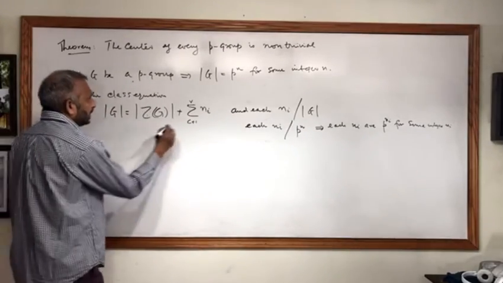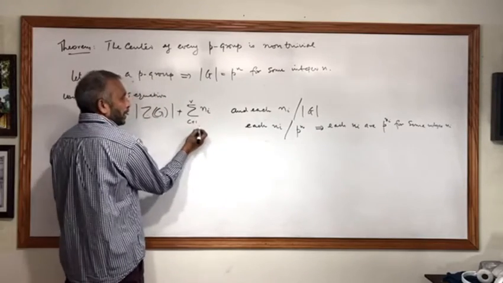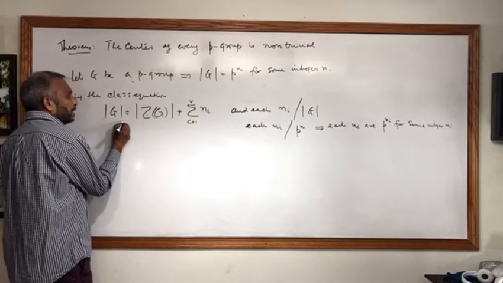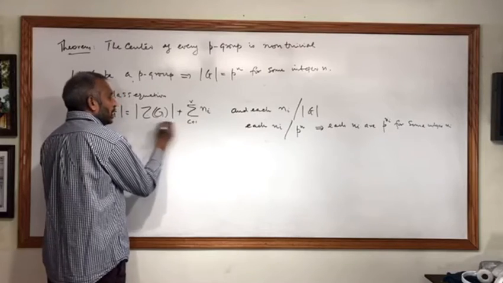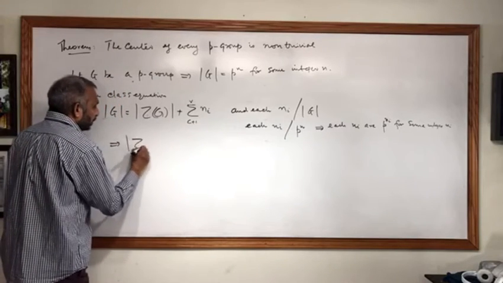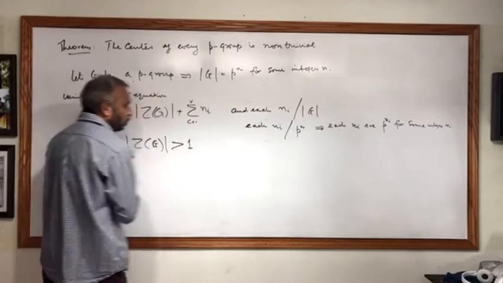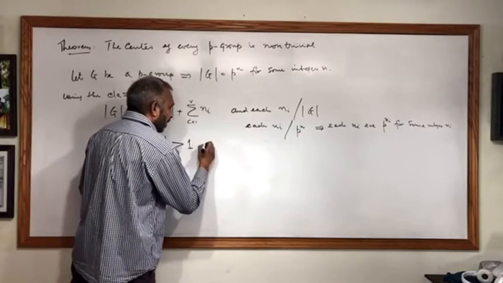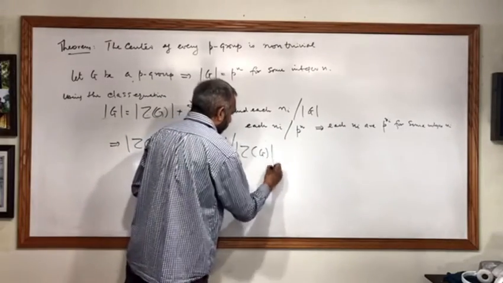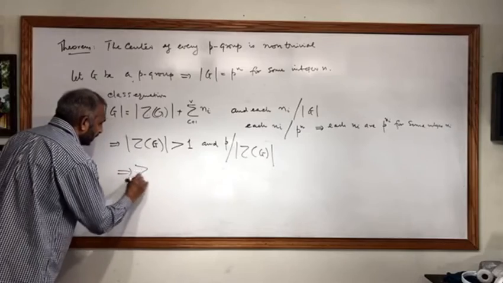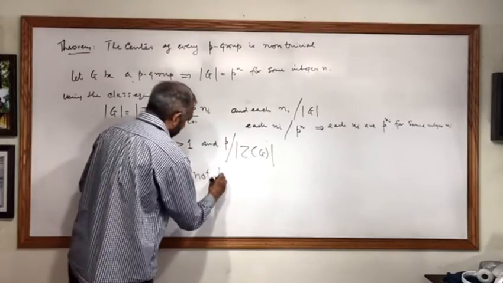And that implies, see, each and every element of this sum is a multiple of p, and the left side is a multiple of p. So the center cannot have order 1. It has to be greater than 1. So the order of the center of G is greater than 1, and actually p divides the order of the center of G. And that implies the center of G is not trivial.